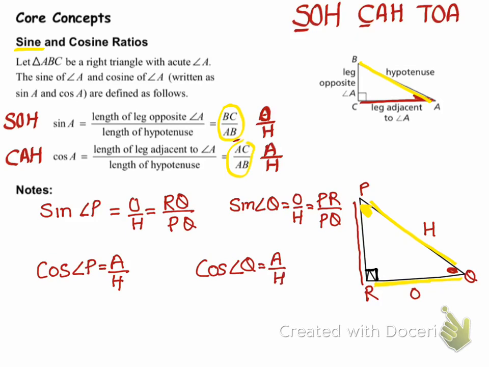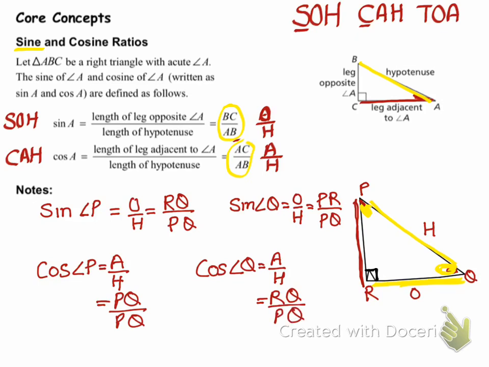For angle P, the adjacent leg is this, so that's PQ over the hypotenuse, which is the same, PQ. For angle Q, the adjacent leg is this one, RQ. So it's RQ over the hypotenuse PQ.